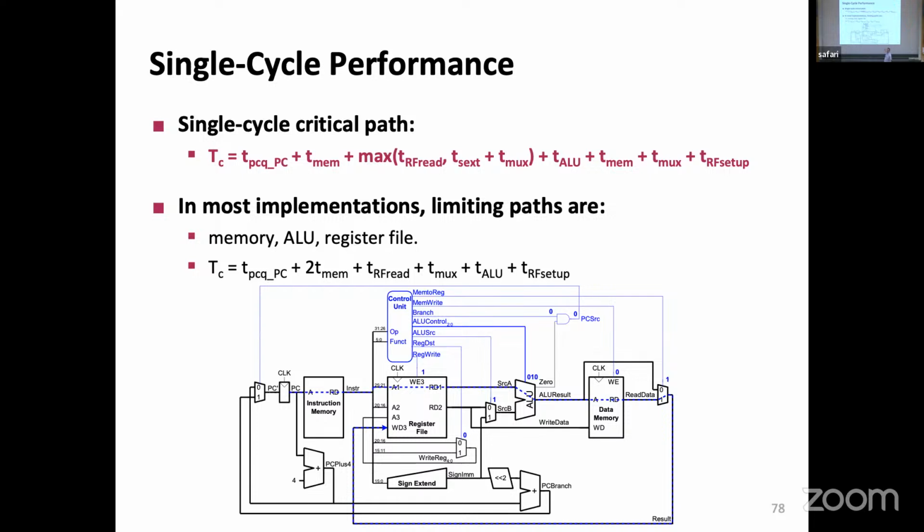Just appending. Multiplexer is usually cute. Reading this is horrible. And then the ALU, then another memory, then another MUX. Then I go to the register file setup. Clear so far? So this is the setup constraint.